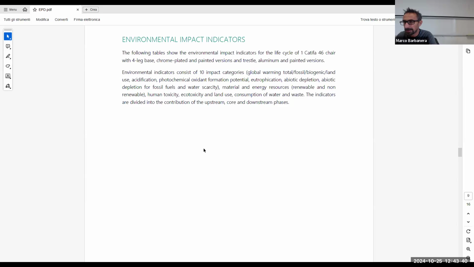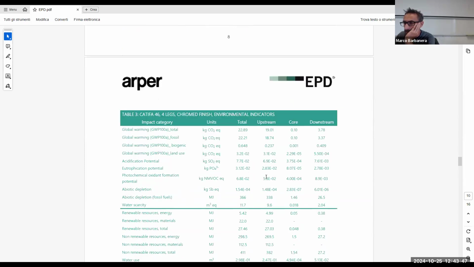Okay, and then you can find the environmental impact indicators. Typically, the results are reported in several tables.